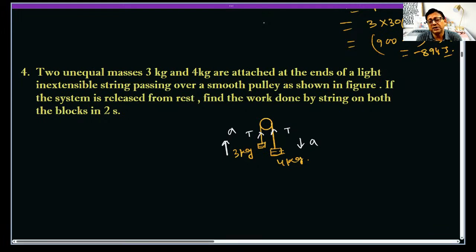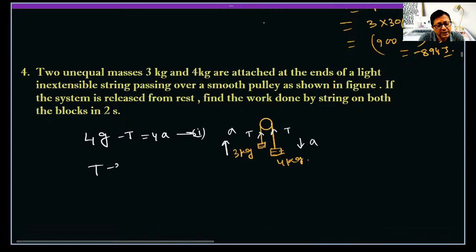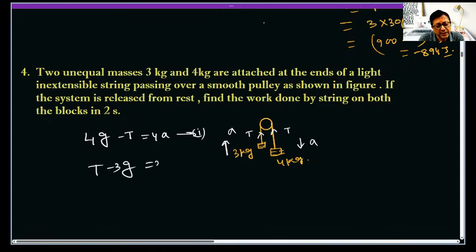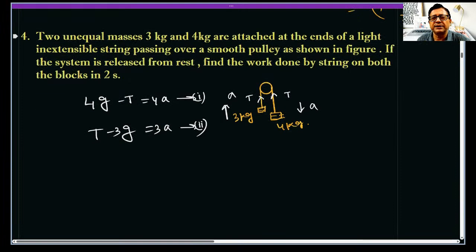So write the equations of motion. 4g minus T equals 4a and T minus 3g equals 3a.